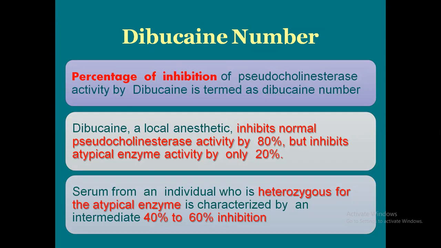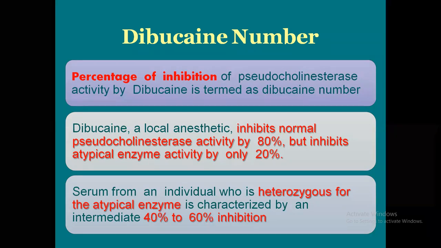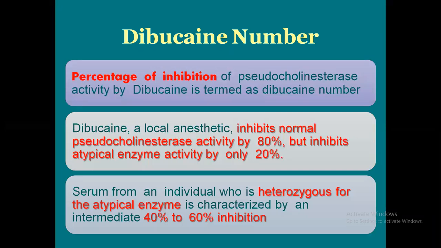Heterozygous people can also have the atypical enzyme, but they have a 40 to 60% block of Dibucaine activity, so it lasts for 20 to 30 minutes. Whereas with an 80% Dibucaine number, as occurs in the typical homozygous Comatlu tribe, the effect lasts 4 to 6 hours after giving scoline.